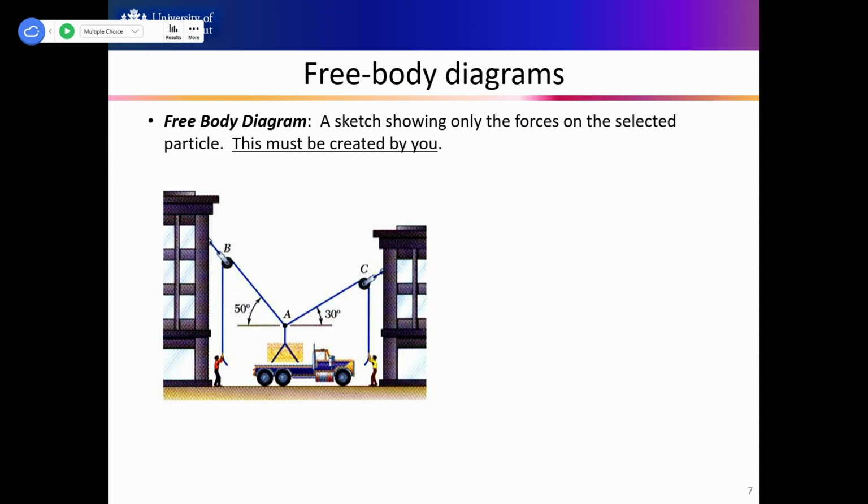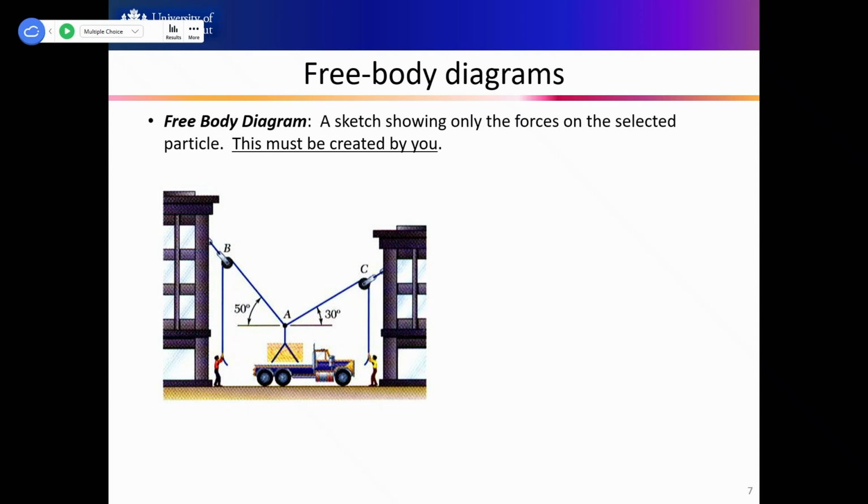So this is kind of a problem statement. And then a free body diagram is a sketch showing only the forces on the selected particle. So if we look at this problem, there is a weight here, and then two people are pulling two cables, right? And there are multiple particles to consider in this figure, right? And then which point should we use?